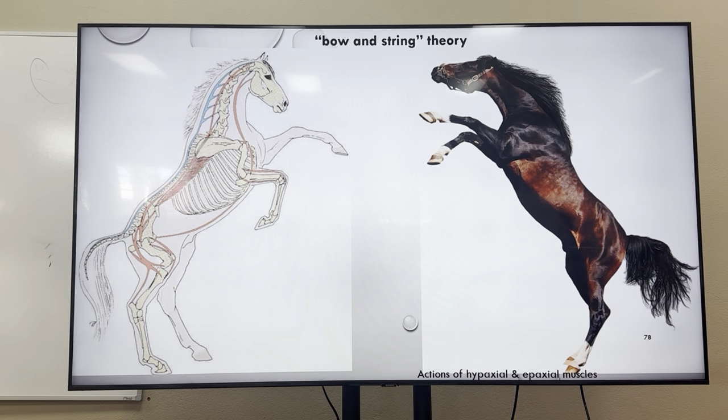So in order to understand the anatomical concepts, we will call these bow and string. This is our bow, and the string here.